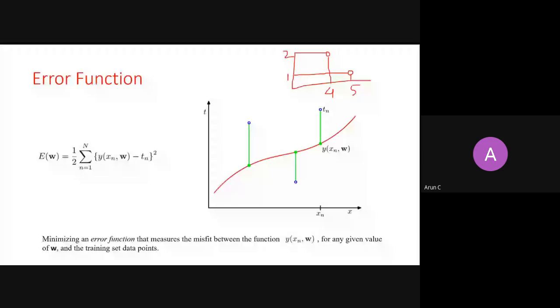I need to find out which horizontal line fits best to this data set. What do you think? My model selection, I have already done that, right? My model selection is that I am going to choose only W0. My M value will be 0. Somehow randomly that comes to my head.